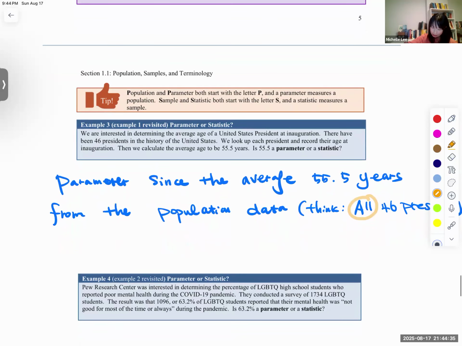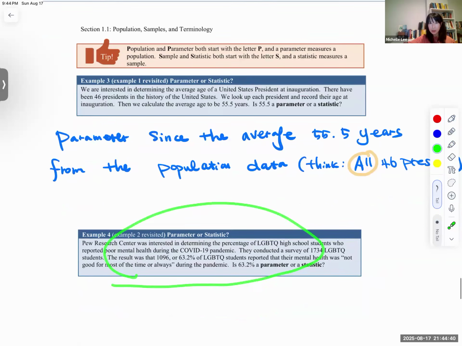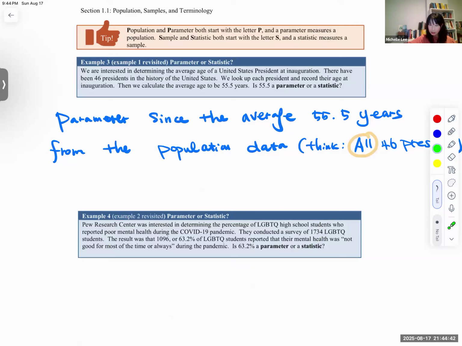Okay, how about this? This statement is the same as earlier: the LGBTQ plus high school students who have mental health issues during the COVID-19 pandemic. They conducted a survey of a sample of 1,734 LGBTQ students.